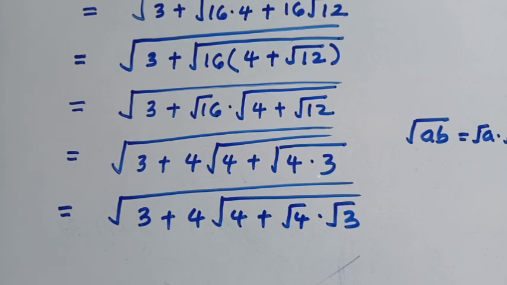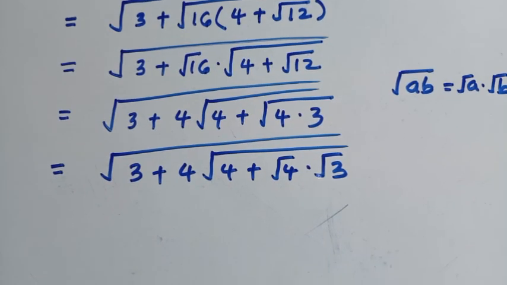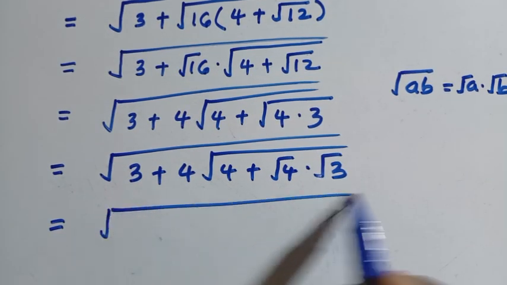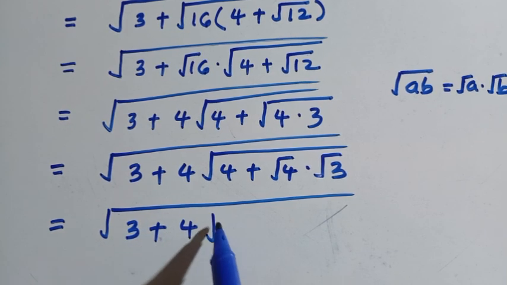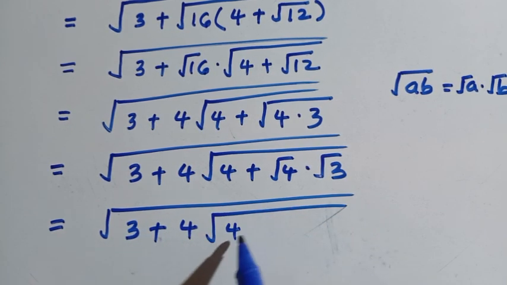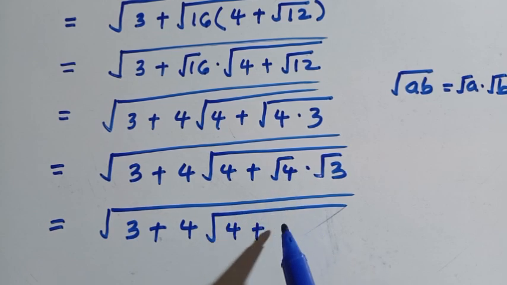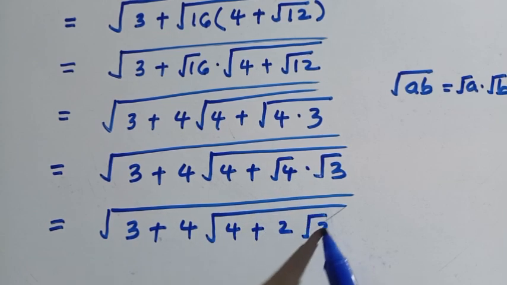And in the next step, this equals the square root of 3 plus 4 square root of 4 plus, and this is 2 square root of 3.